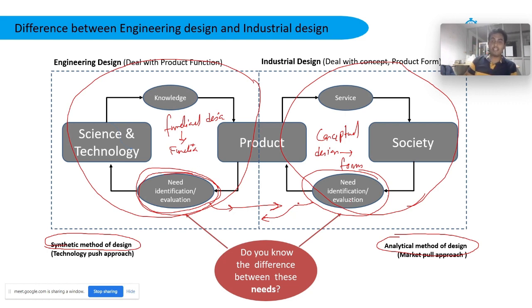The difference is that in industrial design we do a set of activities. What are they? You do primary study, secondary study, then a contextual clinical immersion or a field study, depending upon your domain.